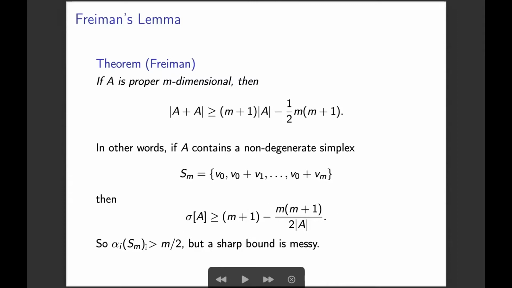So we can already relate the induced doubling with the dimensionality of a set, and more or less this is the dimensionality of the simplex, but figuring out a sharp bound for the simplex turned out to be surprisingly messy.